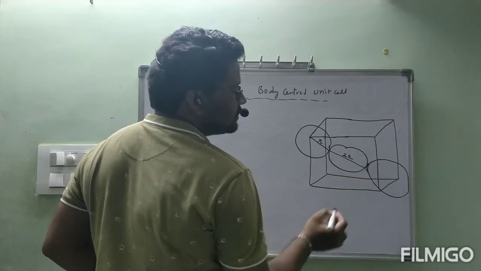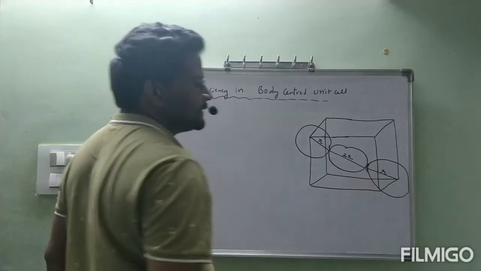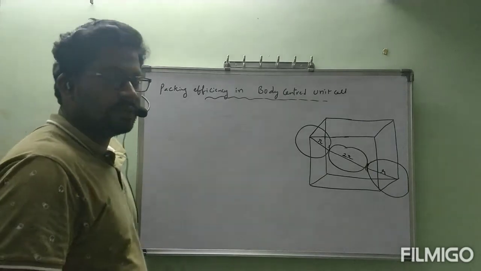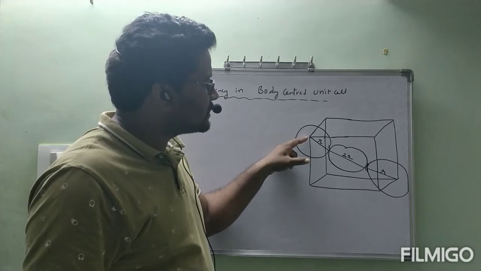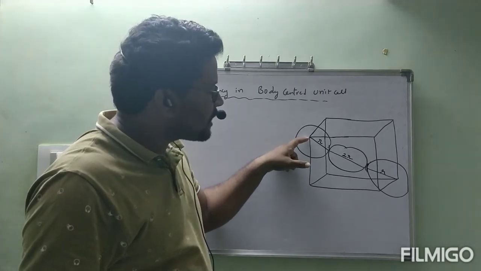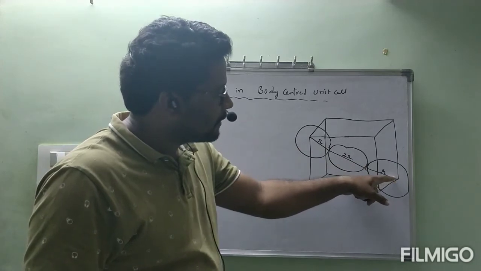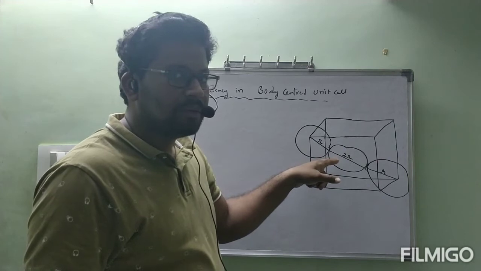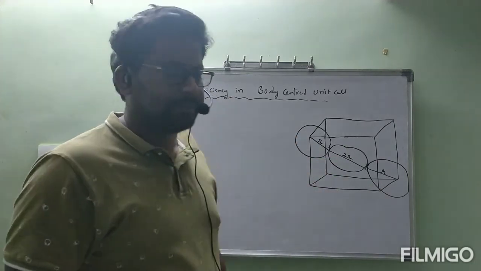Now this is in touch only, and this radius is r. Please observe all of you. I joined the centers of these spheres, that means from this corner to that corner via the body center particle. That is called the body diagonal.